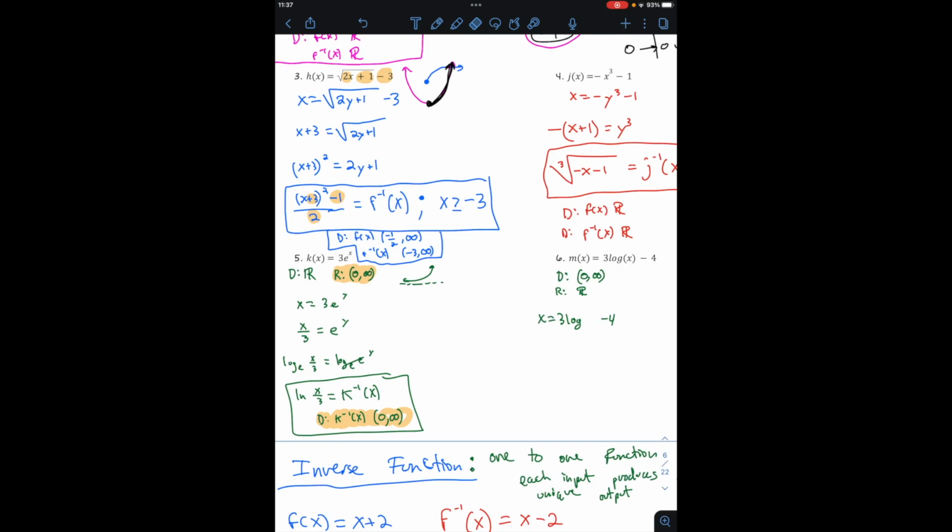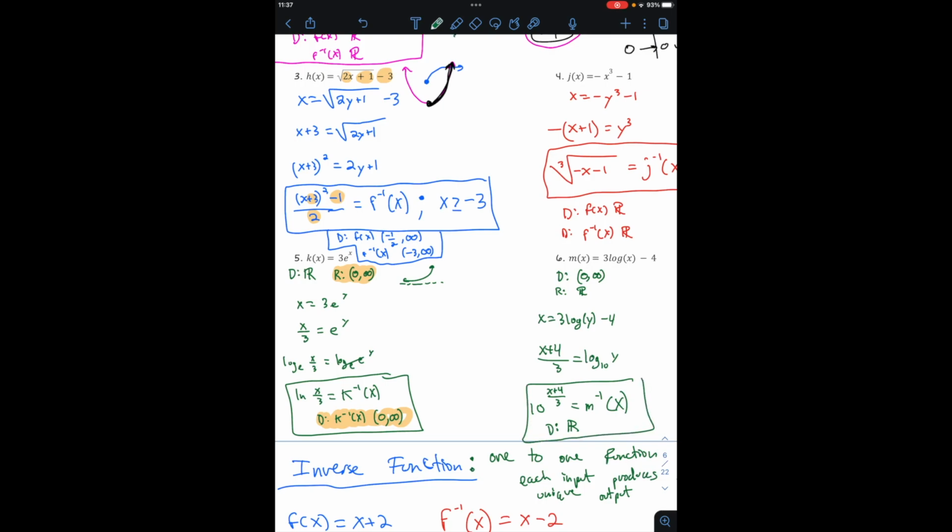I always do this. 3 log y minus 4. X plus 4 over 3 equals log. And though log is log base 10 of y. So exponentiating, we're going to get 10 to the power of x plus 4 over 3 equals y, which is m inverse x.